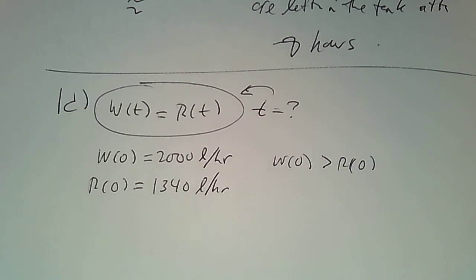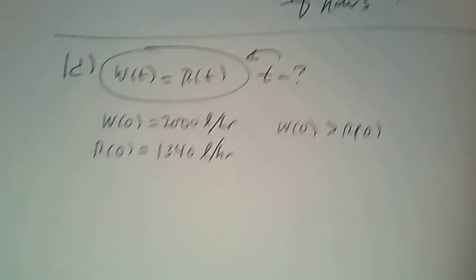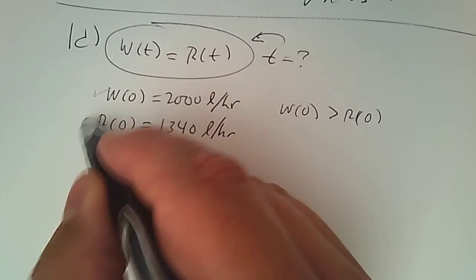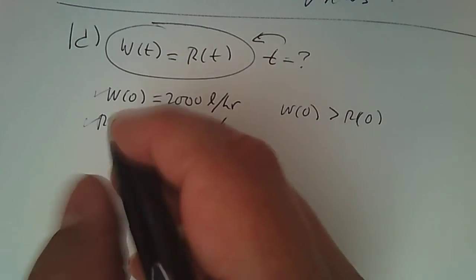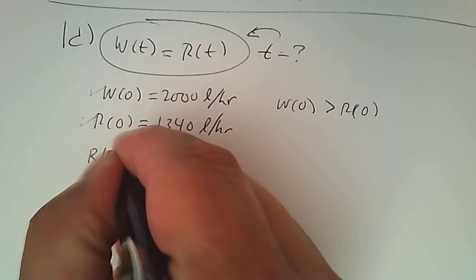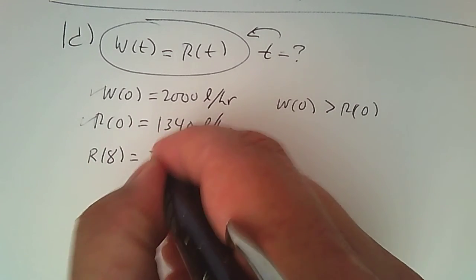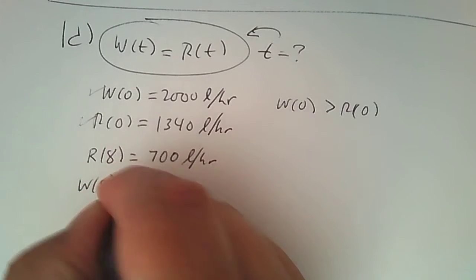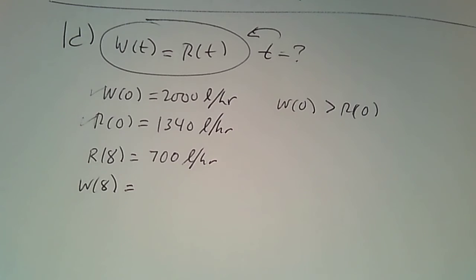What we need to do is find an hour where it's been flipped, where one rate is smaller than the other. So right now, the water going in is bigger than the water going out. Is there a time the other way? If I look at hour 8, the answer here is 700 liters per hour. If I look at 8 in our equation and just plug it in, what answer does that give me?